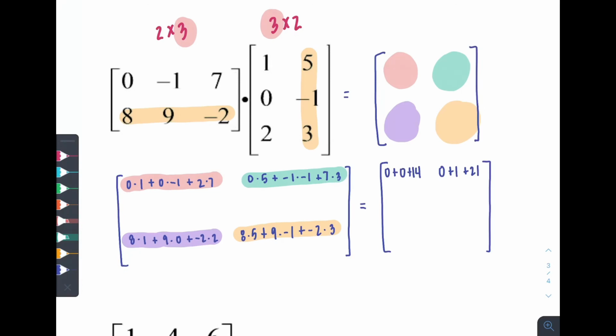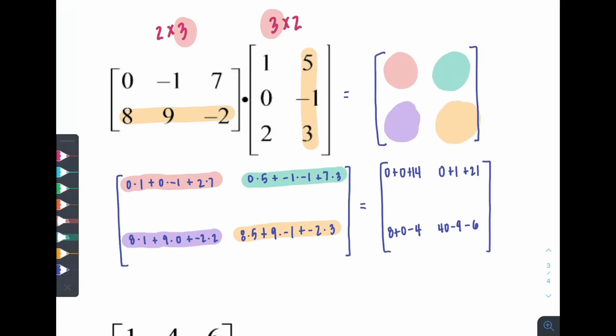Next we have 8 times 1 is 8, 9 times 0 is 0, -2 times 2 is -4. Then lastly, 8 times 5 is 40. 9 times -1 is -9. Then -2 times 3 is -6.